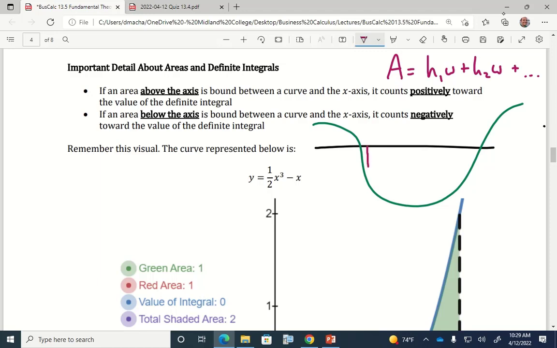Well, a Riemann sum here would look like adding up rectangles that look like this. But since we're dipping below the x-axis, the height of these rectangles would be at negative y values. And so you would say that these rectangles have negative height. And so all of these areas of the rectangles would be like negative areas, right?